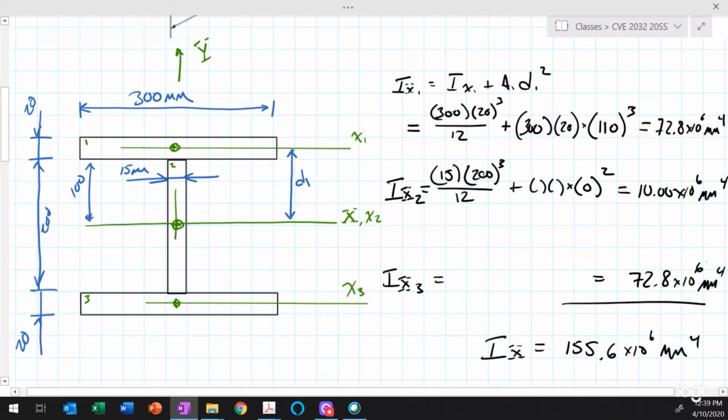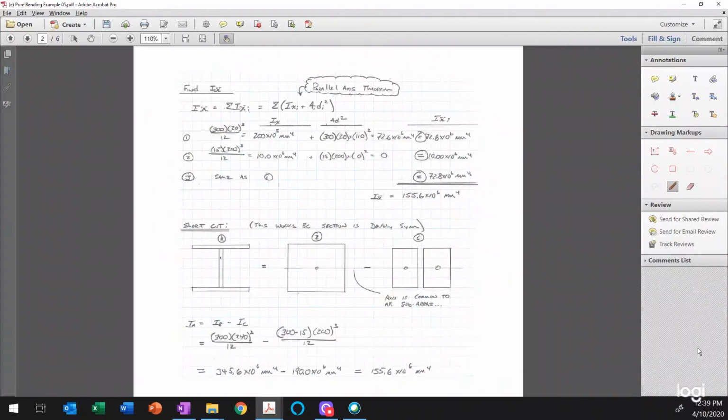All right, now there is a shortcut that could be used here, and I won't go through the time to work that problem out here, but if you're interested in boning up a little bit on your moment of inertia stuff, then you could take a look at that. If you go to the PDF solution to this problem, then that is presented here.